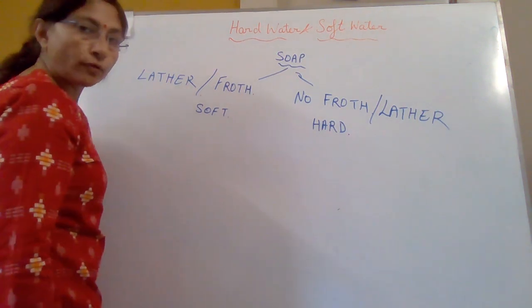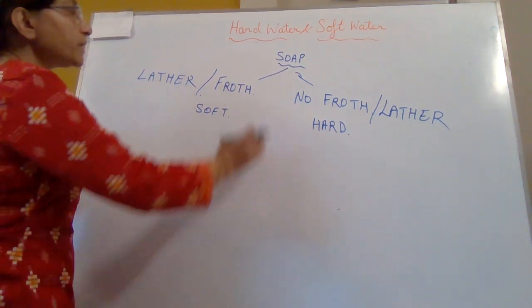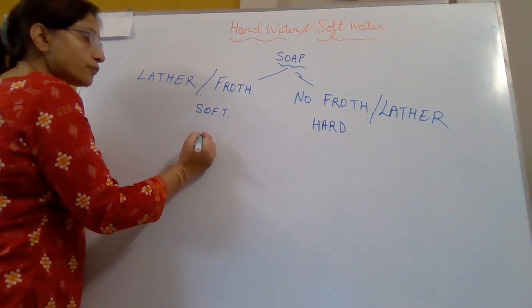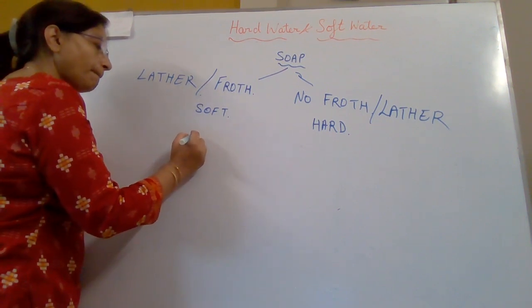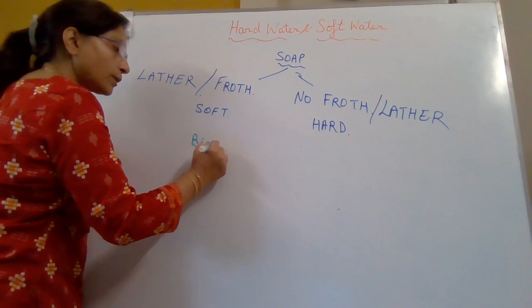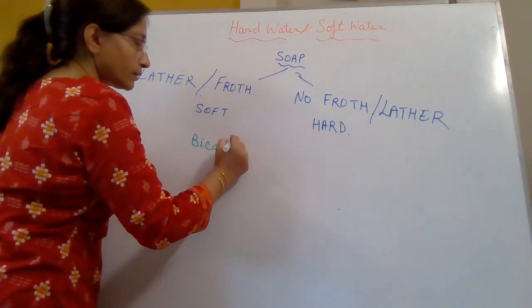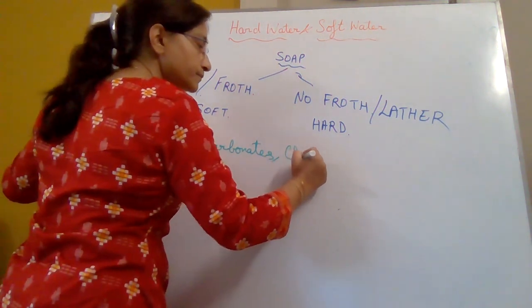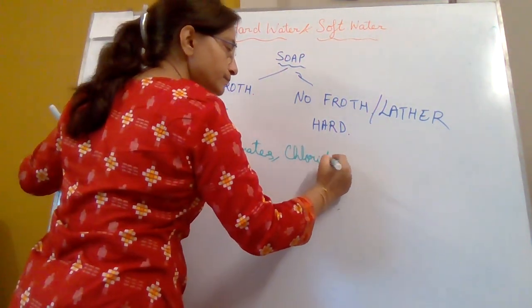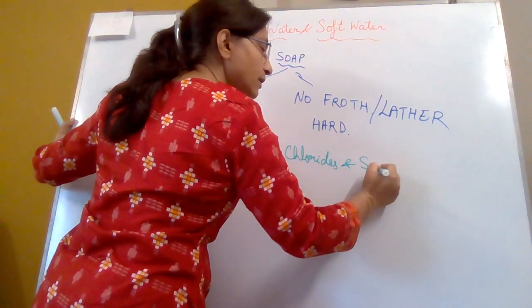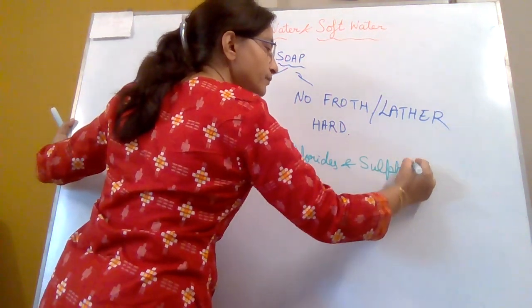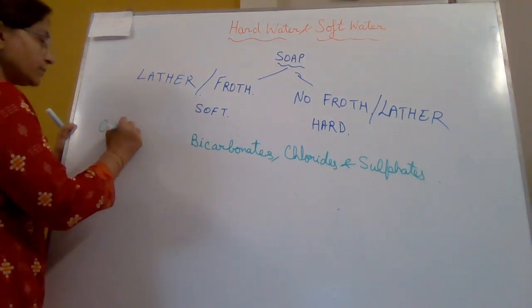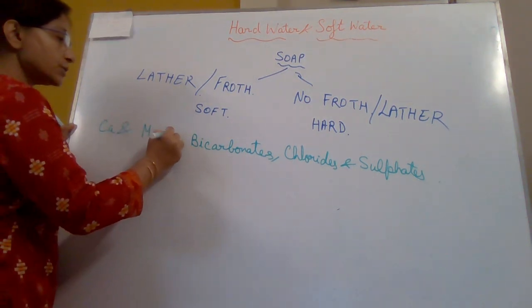If the water is soft, then it is not a problem. But if the water is hard, then it is because of the presence of certain bicarbonates, chlorides, and sulfates of calcium and magnesium.